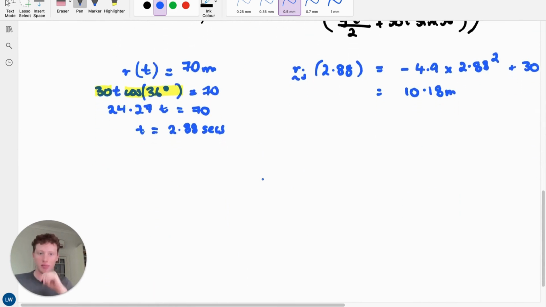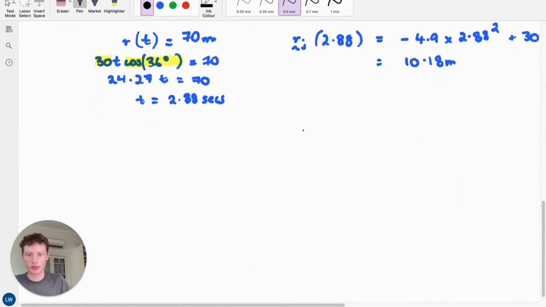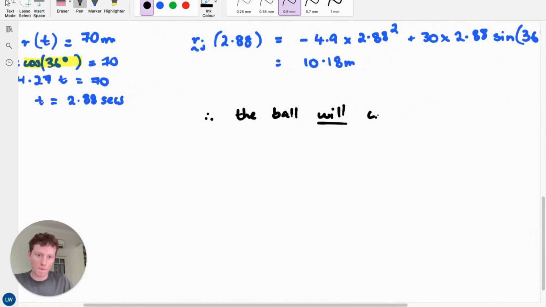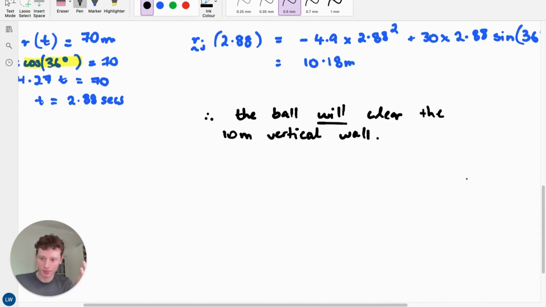The 6th mark might then be: therefore, the ball will clear the 10-meter vertical wall, or some kind of word response to that effect.